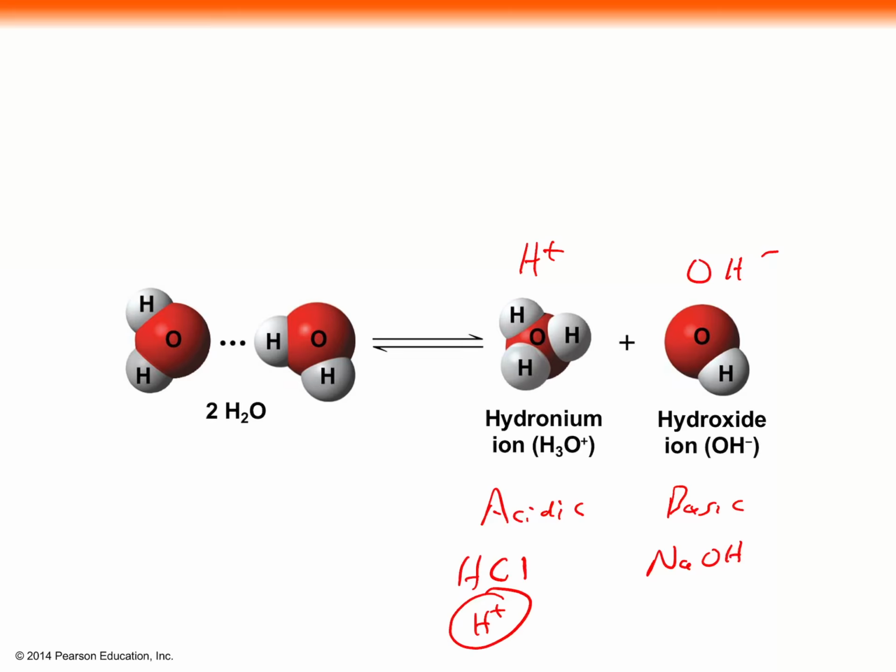So a base is any substance that reduces the proton concentration. Now that's a little bit different than what I just defined, but imagine that you add sodium hydroxide to a solution or to water, and these two split or separate. This becomes hydroxide, OH negative, which can then recombine with proton and be converted to water.